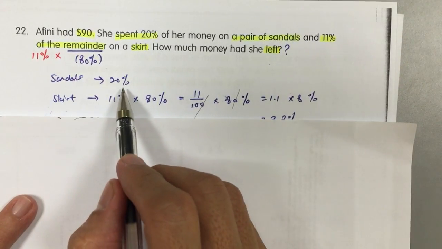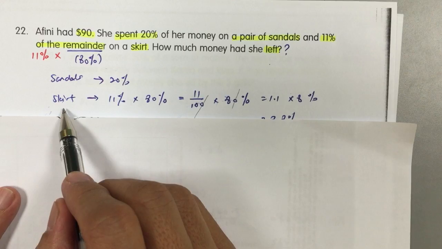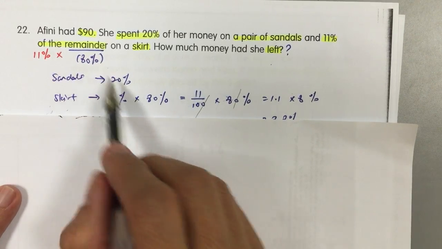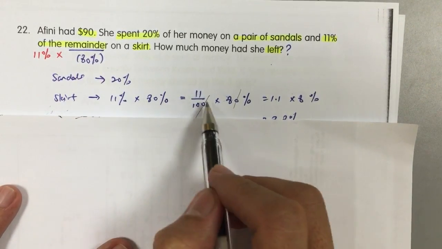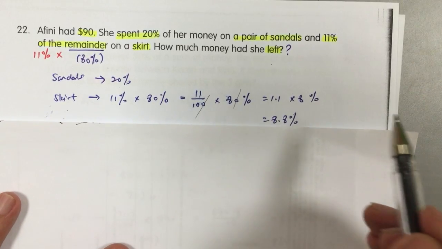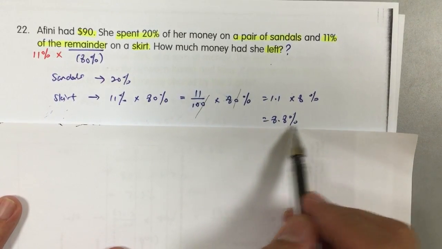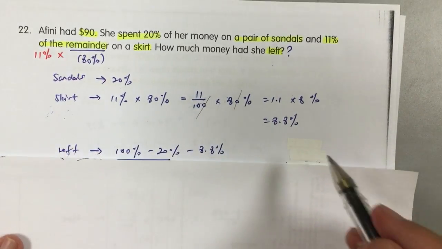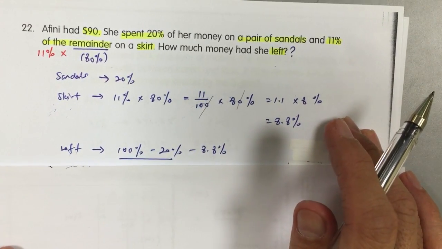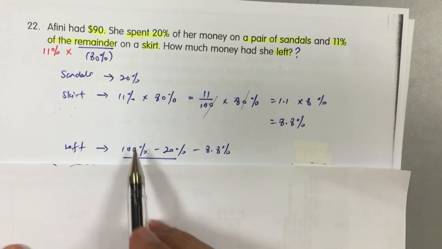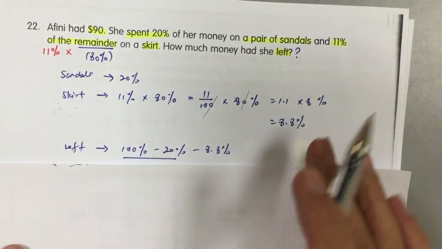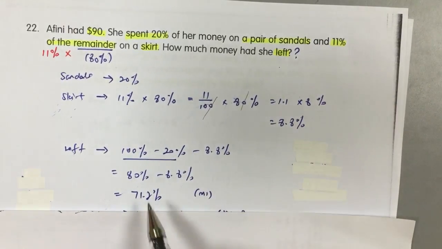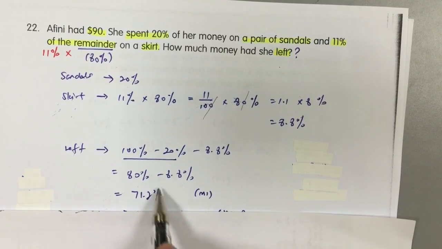So sandals is 20%. Skirt, she spent 11% times 80%. Use your calculator, 11 over 100 times 80, you will get 8.8. Altogether left 100% subtract 20% subtract 8.8%. You use your calculator, you will get 71.2%.